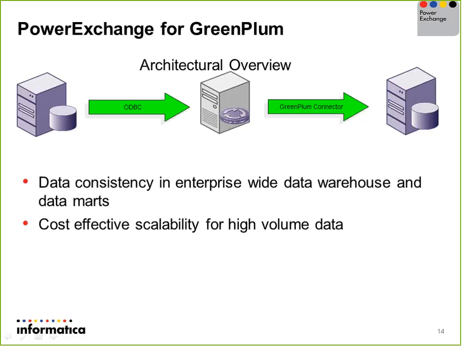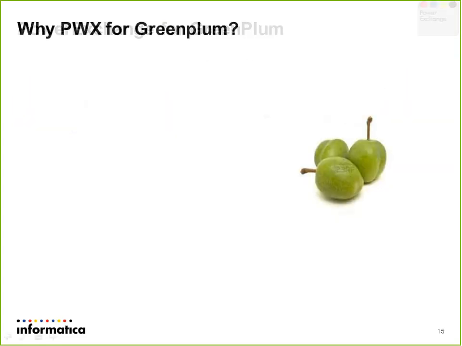The gpfdist process can serve data to segments directly. The advantage of using the gpfdist process over a file protocol is that it ensures that all of the segments in your Greenplum database system are fully utilized when reading from external table data files. We'll move to the features and benefits of using PowerExchange for Greenplum.